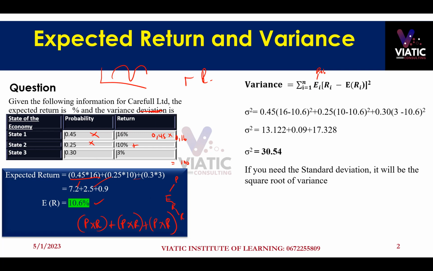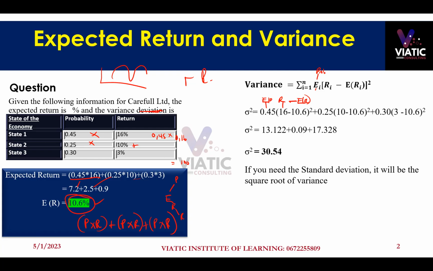We're saying summation of E, this is our probability, multiplied by R. Our R is the return in the table. Minus ER. Our ER is the expected return that we just calculated here.